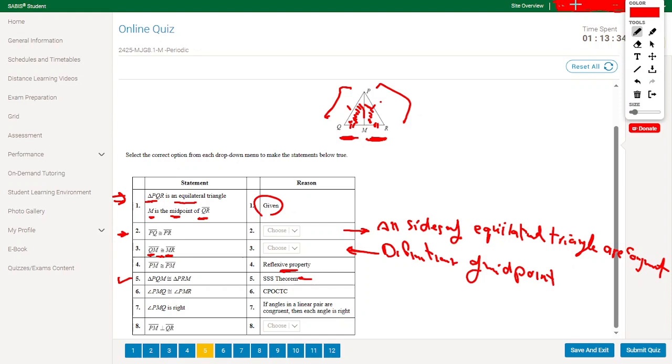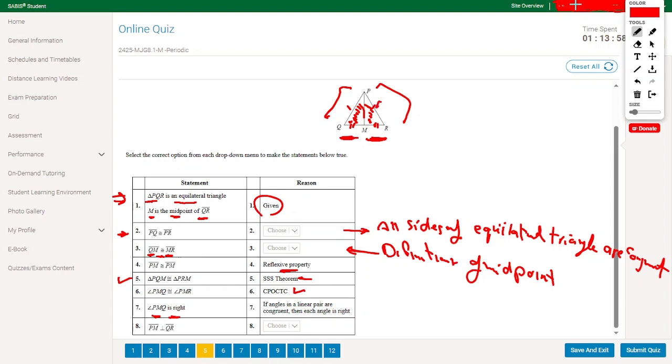And in the triangles, angle BMQ congruent to angle BMR. Okay, now BMQ is right, because if angles in a linear pair are congruent, then each angle is right.